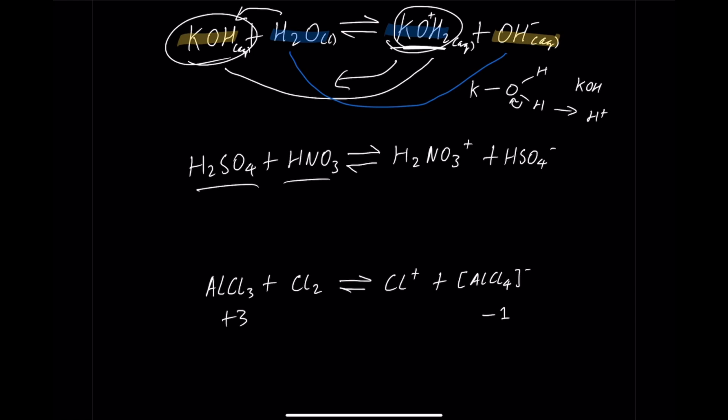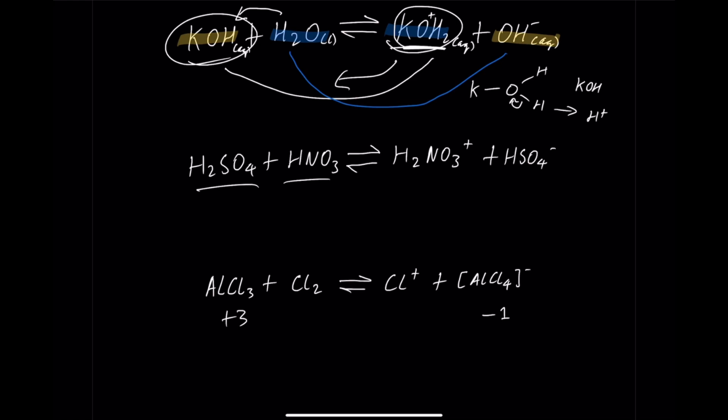I already know the answer, but let's look at what we have here. The H2SO4 is going to HSO4 minus, whereas HNO3 is going to H2NO3 plus.